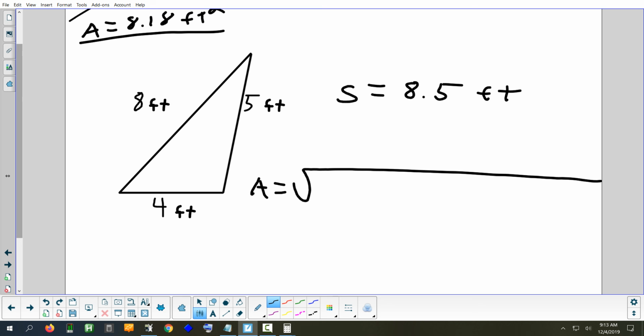You put the semi-perimeter, which in our case is how much? 8.5. And then we have to do the semi-perimeter minus each side. So you can, if you want to do it in your head, you can. I'll write it out the first time. But it's 8.5 minus 8, 8.5 minus 5, 8.5 minus 4.